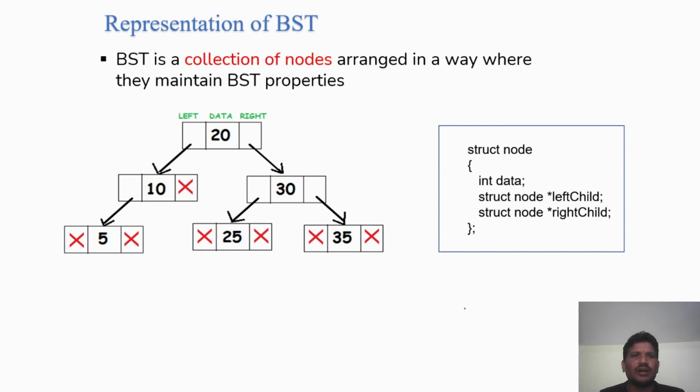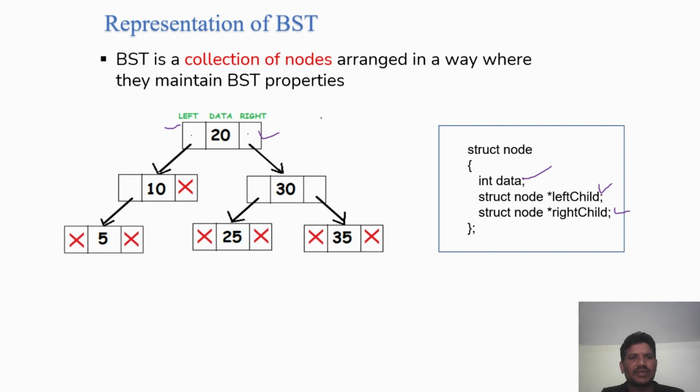Here is another way of representing a binary search tree in memory. How can we represent a BST in memory? This is the way, because for a node to be constructed, the node should have a data part, then a left child, then a right child. Once a node has to be constructed, here this is the left pointer, this is the right pointer.